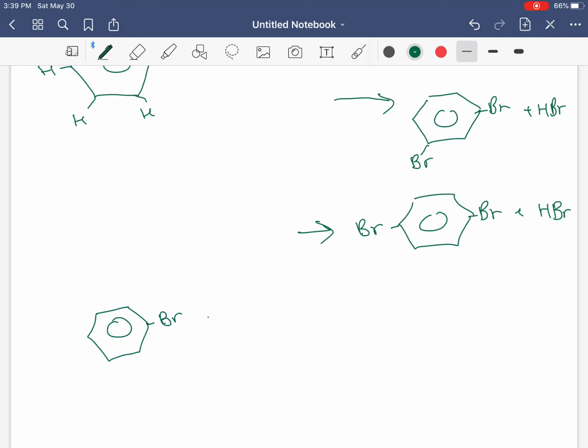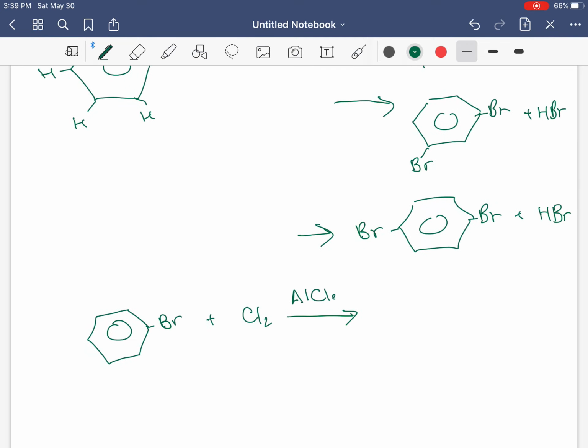And I'm going to react this with chlorine gas. If I react this with chlorine gas, I better make sure my catalyst has some sort of chlorine in it. Now, you may be thinking, hey, earlier you used iron for the cation, now you use aluminum. Is it that specific? No, it's actually not that specific. You can use aluminum if you like. No big deal. Okay.